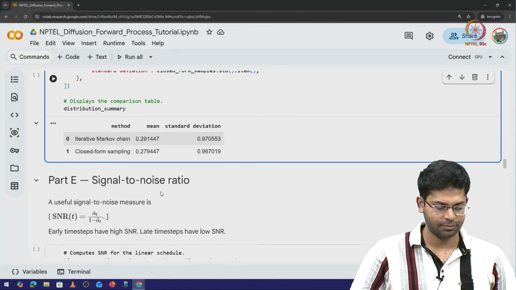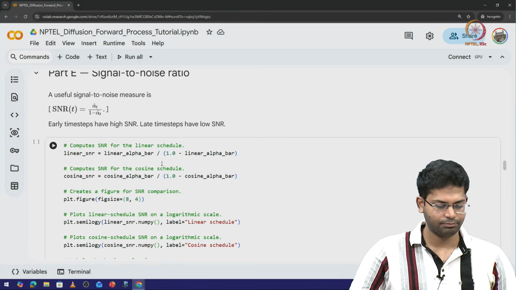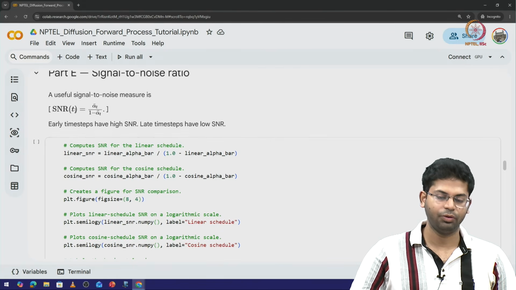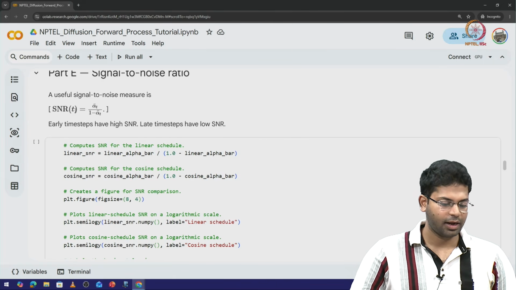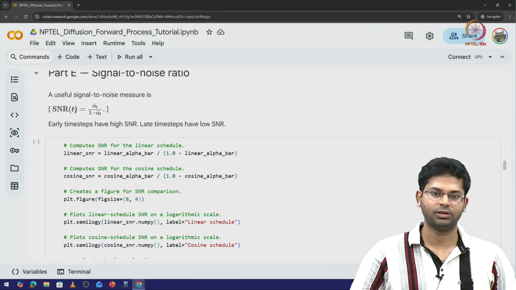Now, you can define the signal to noise ratio, defined as alpha t bar divided by 1 minus alpha t bar at time step t. The signal to noise ratio should be high at the initial step because there is only signal and no noise, and as you go forward the signal reduces and noise increases.